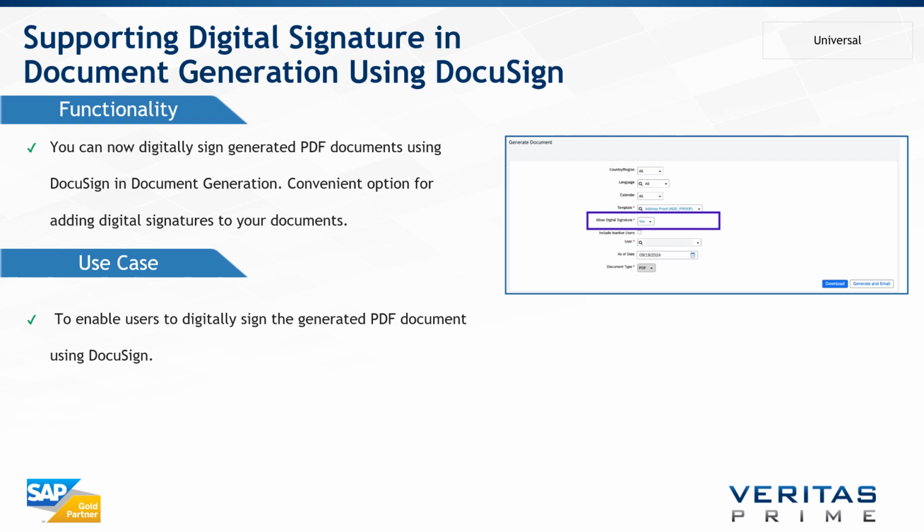So once you generate the PDF document, you will see documents are digitally signed from the system itself. So this is a good feature mainly for HRs and managers to generate any system documents which will be required by employees in their day-to-day life.